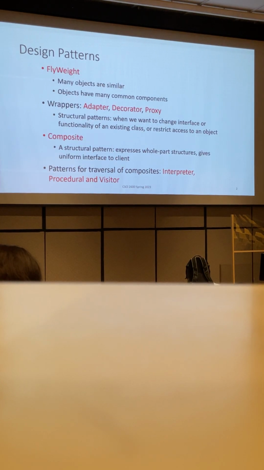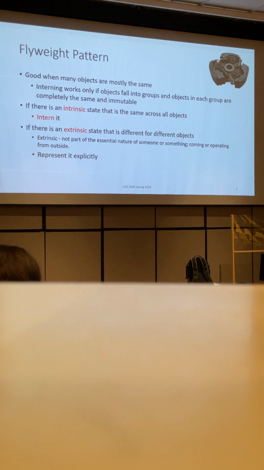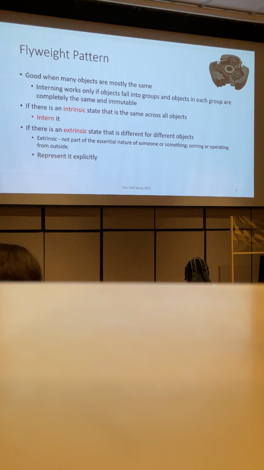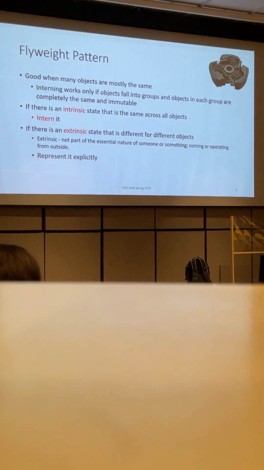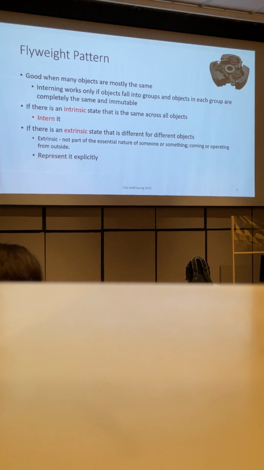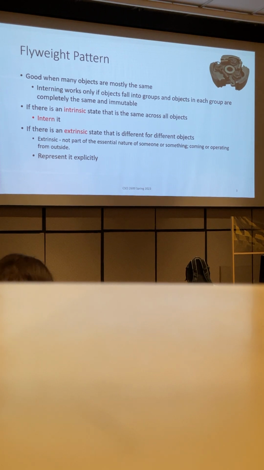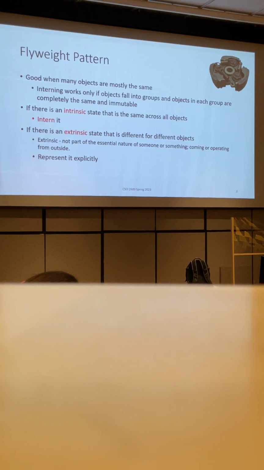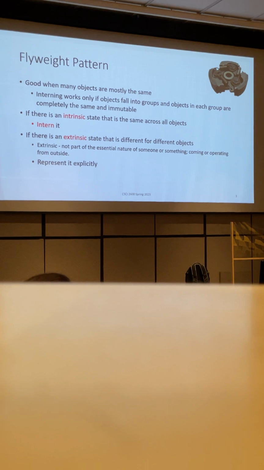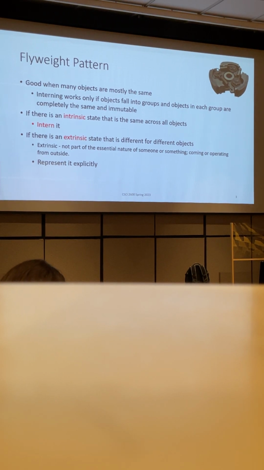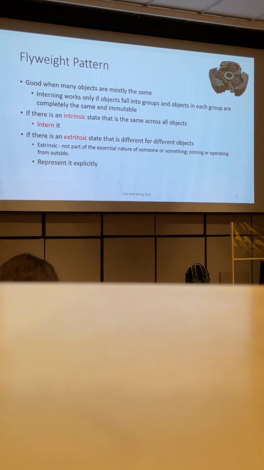All right, so we covered a couple of the creational patterns, namely singleton and interning. There's also a variation of the interning pattern that is called the flyweight pattern. If you recall what interning was doing, it was limiting the number of objects with a certain state that we can have.